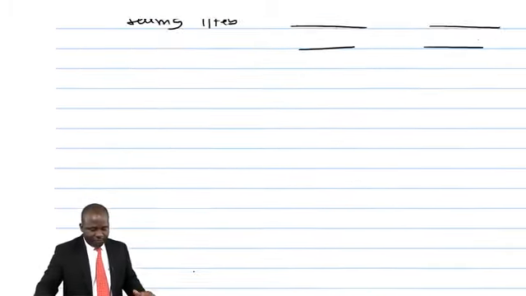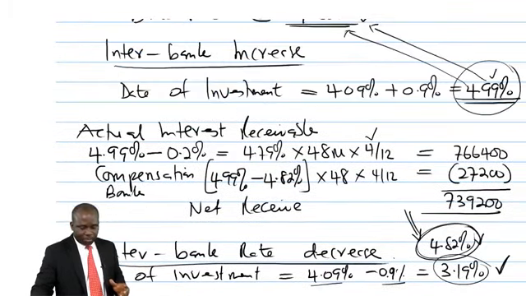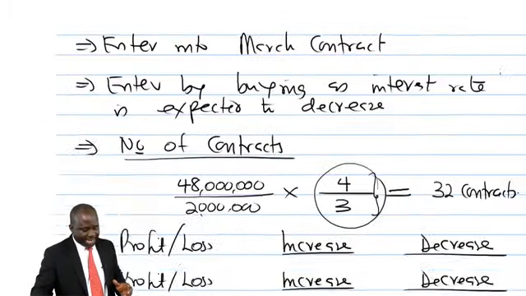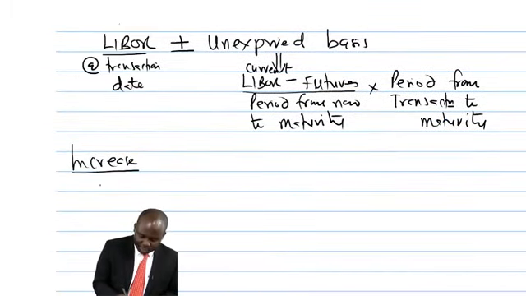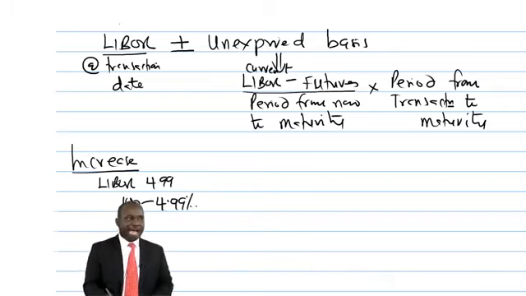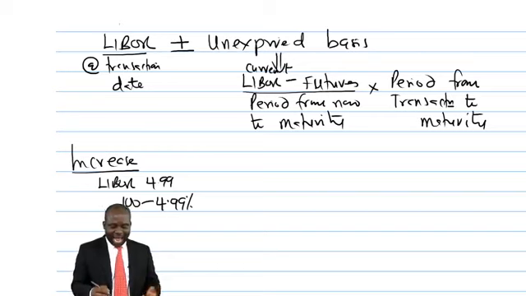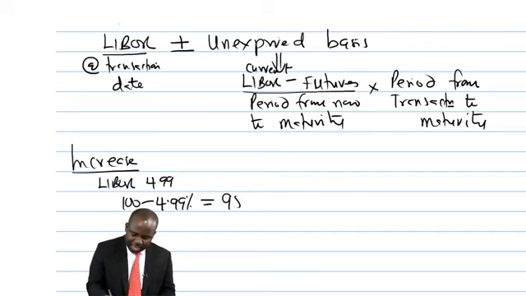If you remember from the forward rate agreement, we said the interbank rate when it increased is 4.99 and prices are calculated as 100 minus the R. Don't forget it's 100 minus the R. So 100 minus 4.99 will give me 95.01.